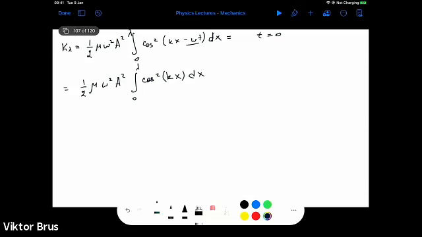Okay, so now how do we take this integral? It's not so straightforward as just the integral of cosine, because we have this square.